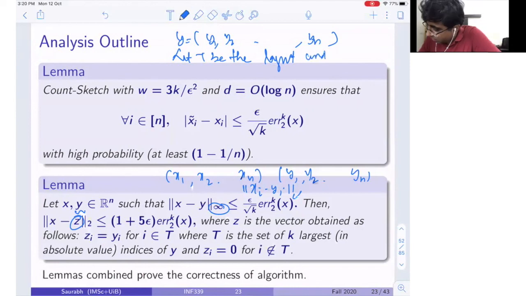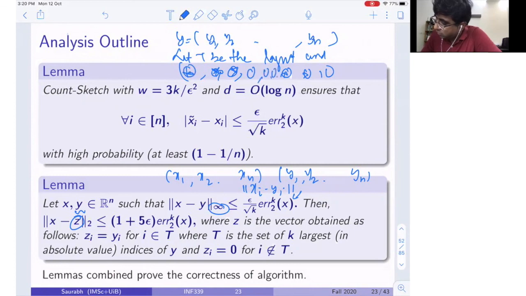So you take those coordinates and you zero out the rest of the coordinates. So z is the vector obtained as follows: zi is yi for i in T, where T is the set of k largest in absolute value indices of y, and zi equals 0 for i not in T.